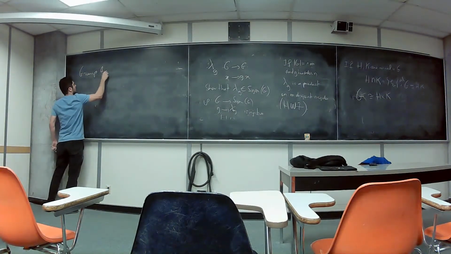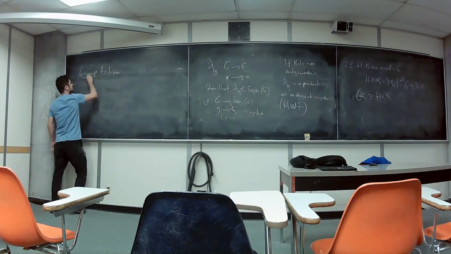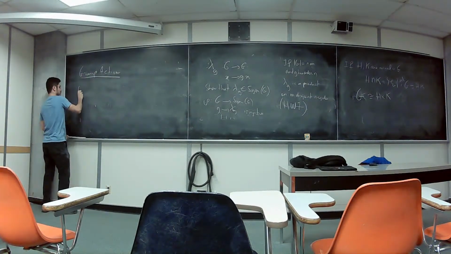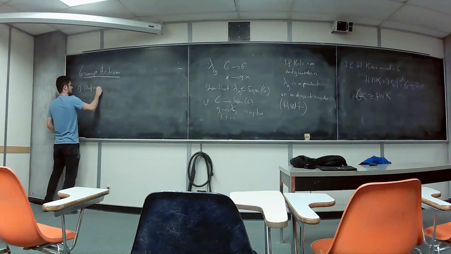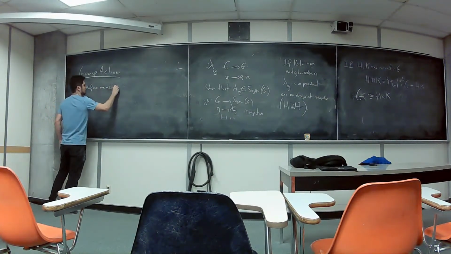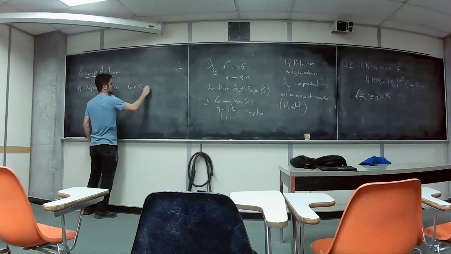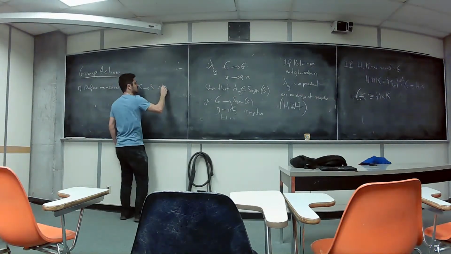So first, you have to know how to define an action. It's a function from G cross S to S, satisfying the axioms.